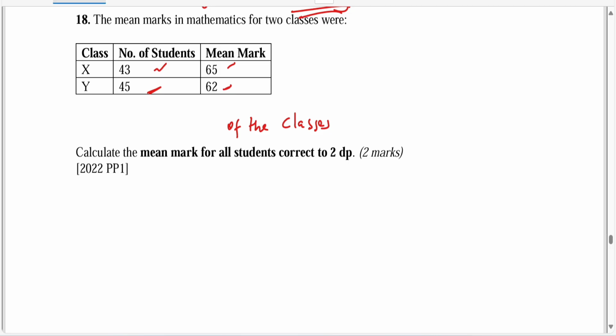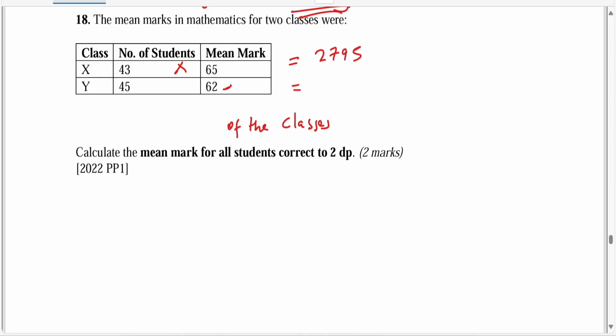Okay. So for the whole 2 classes, which is very easy, but you first find out how many marks did they score. For 43 students, wamepata marks ngapi total marks. So you take 43 times 65. So 43 times 65 gives you 2,795.